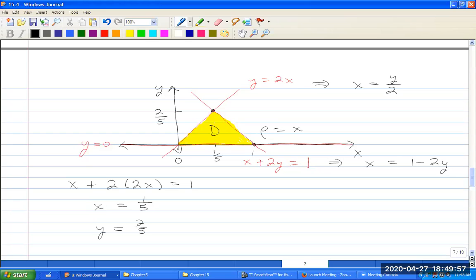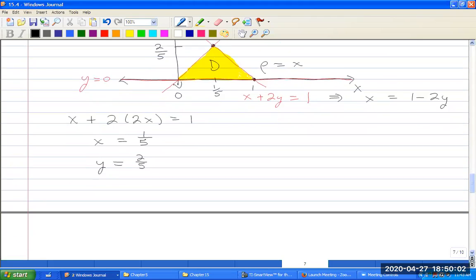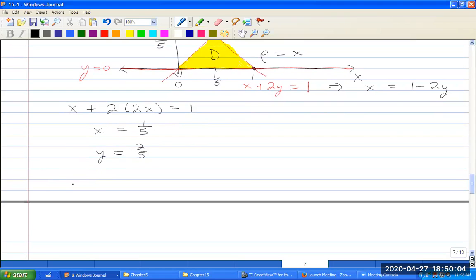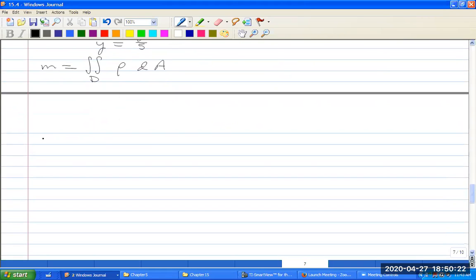And so I can find the mass. The mass will just equal the integral over this region D of rho dA. And so the mass is, again, let's integrate with respect to y.